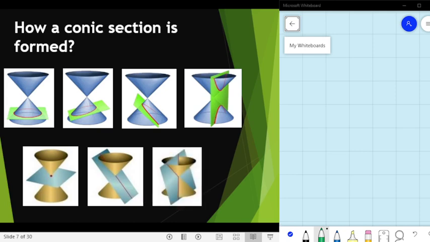And lastly, when the plane passes through the center, cutting the two cones, either horizontally, vertically, or diagonally, then we can form two lines.